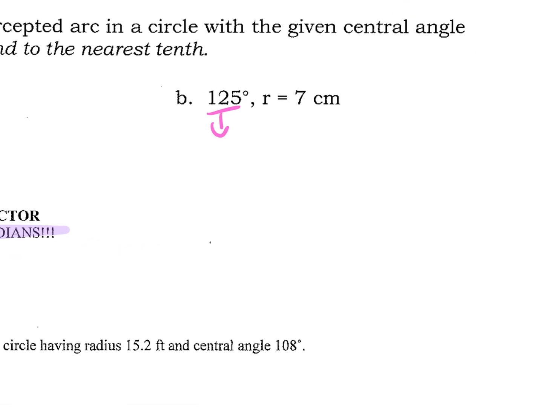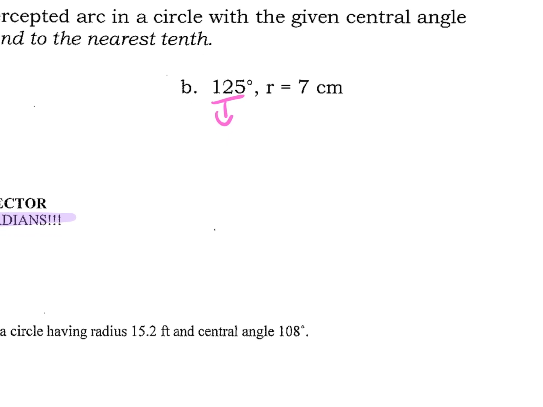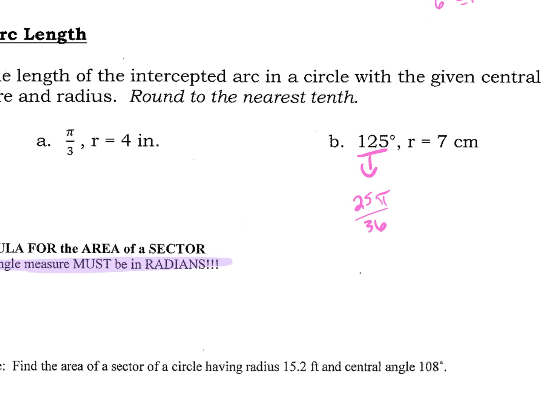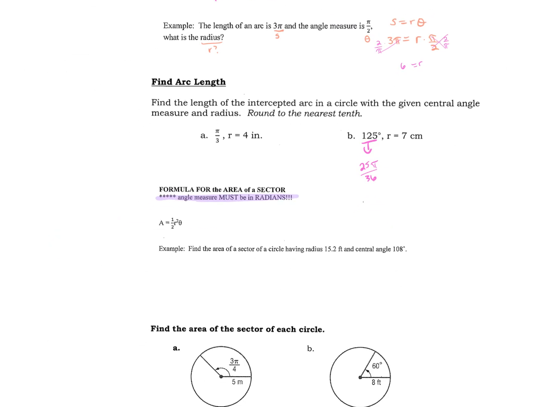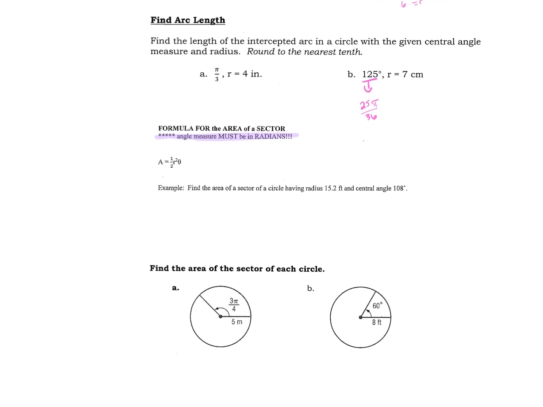So 125 degrees, when we convert that, what do we get in radians? 25 pi over 36. There we go. Thanks, Kylie. Okay. So it's just kind of straight plugging in, right? I'm not going to go through all of those.